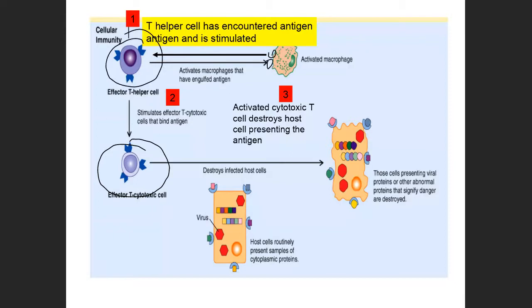The T helper cell has already seen the antigen, and that allows it to begin to secrete interleukins that will activate a cytotoxic T cell that is bound to antigens. So notice that the T helper cell is needed for the activation of the cytotoxic T cells and the B cells.